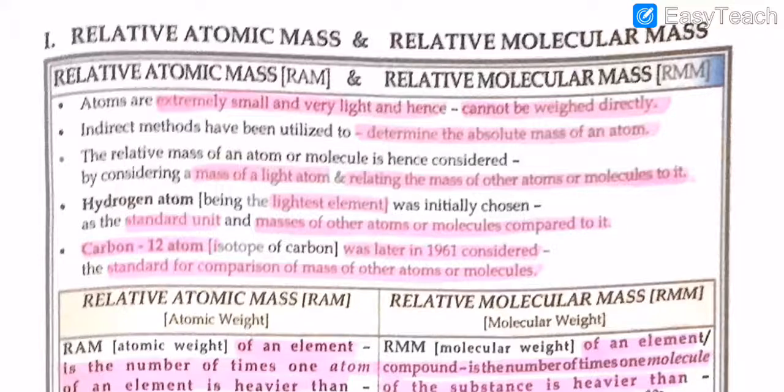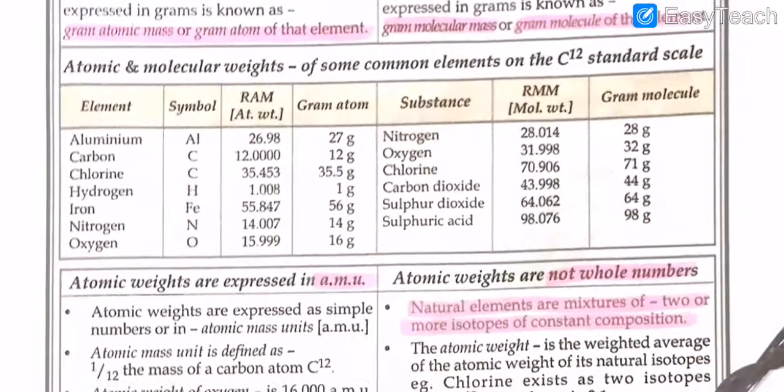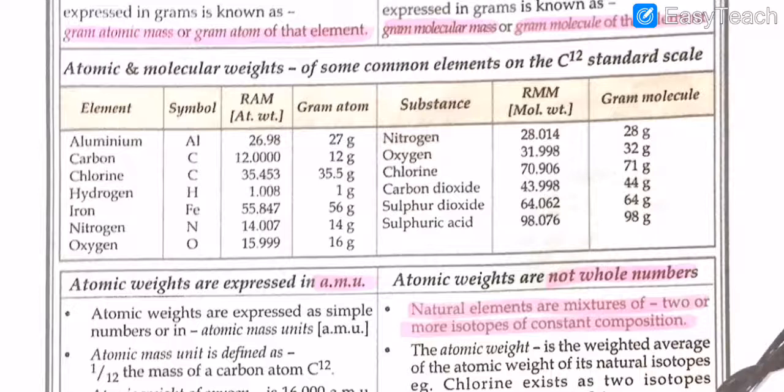Now some molecular and atomic weights are given below. You can just go through it. I can't really explain anything in this, right? The atomic weights are expressed in AMU. The atomic mass unit is defined as 1/12 the mass of the carbon atom.